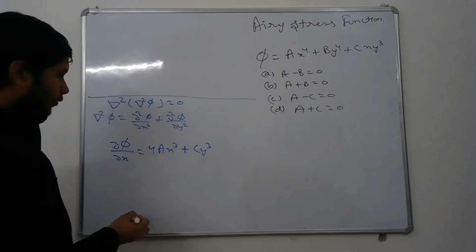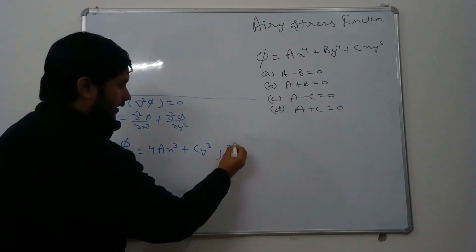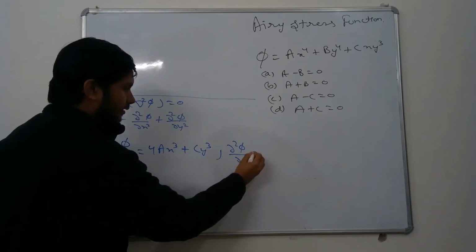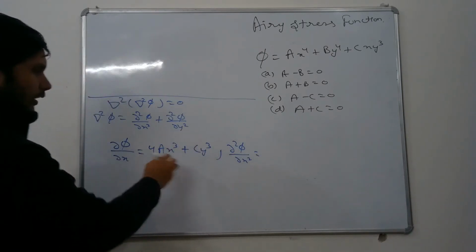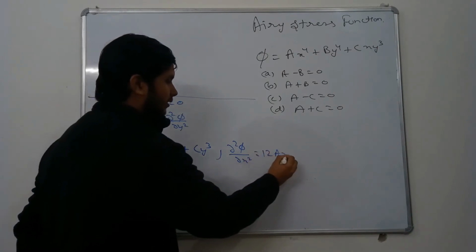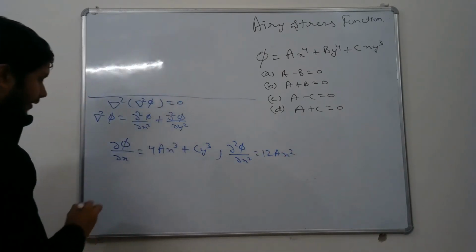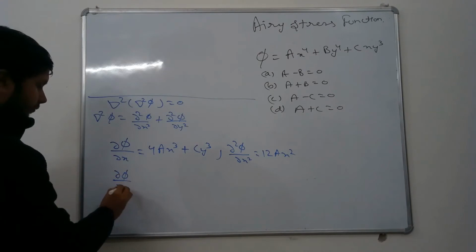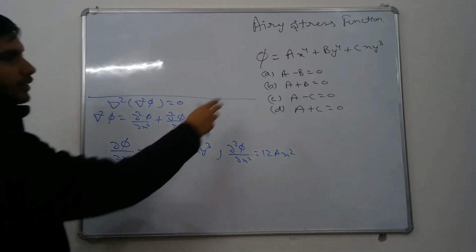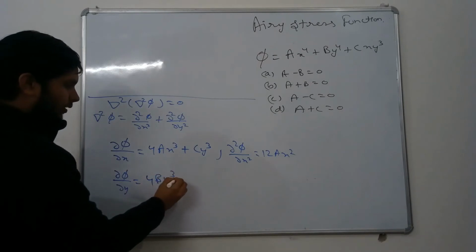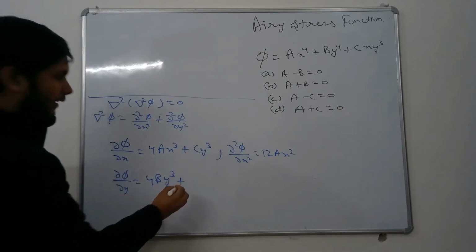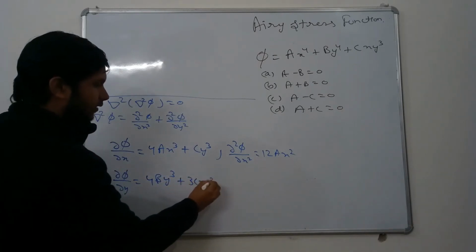If you solve del square phi by del x square, just differentiate this once more. Here it is only y, so this will be gone. 4 times 3 is 12, so 12a x square. Del phi by del y will be 4b y cube plus 3c x y square.